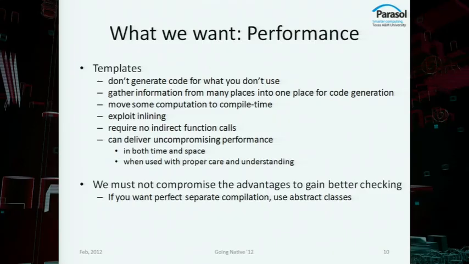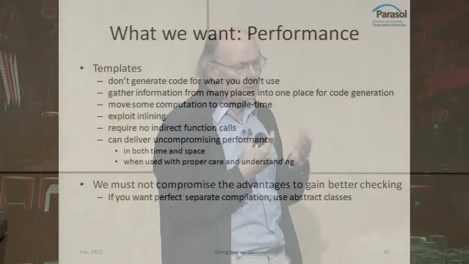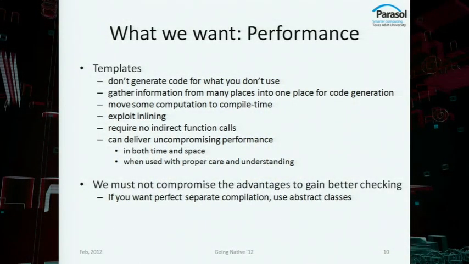And also, it's really good at collecting information from a variety of places so that the compiler can get hold of it in one place and generate good code. And we can move work to compile time where it doesn't cost runtime. It's really good at exploiting inlining. In particular, no indirect function calls, no requirements of wrapping values into objects in a particular hierarchy, things like that.